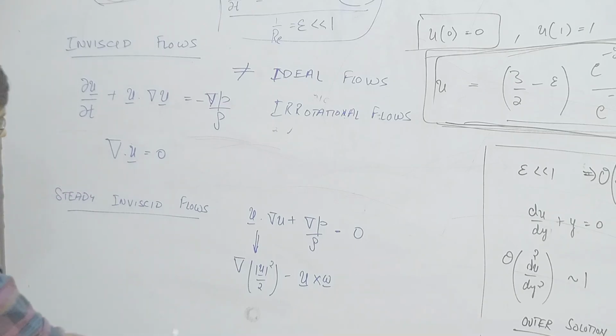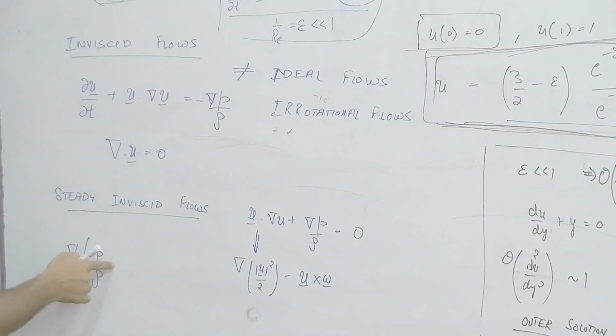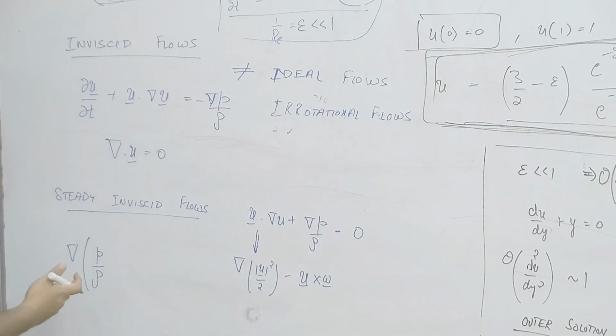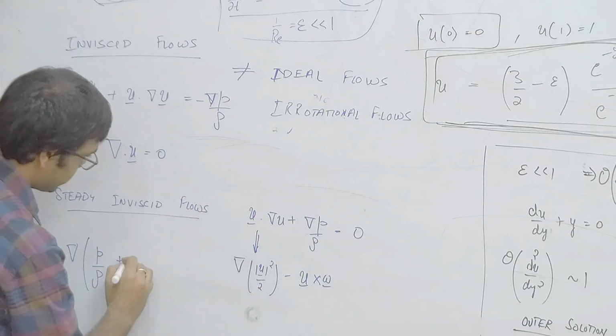Okay. So I'm going to substitute that here, and what I will get is that grad of p by rho, again grad of p by rho is simply grad p by rho because rho is constant. So I can take this rho inside. Okay, and this is a very important concept because this thing will not be applicable whatever we are doing. You have to write a separate type of equation when you look at compressible flows or flows with changing density.